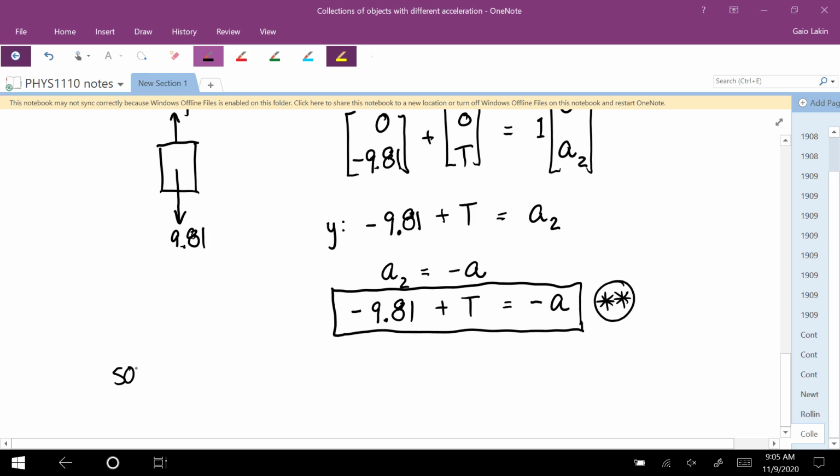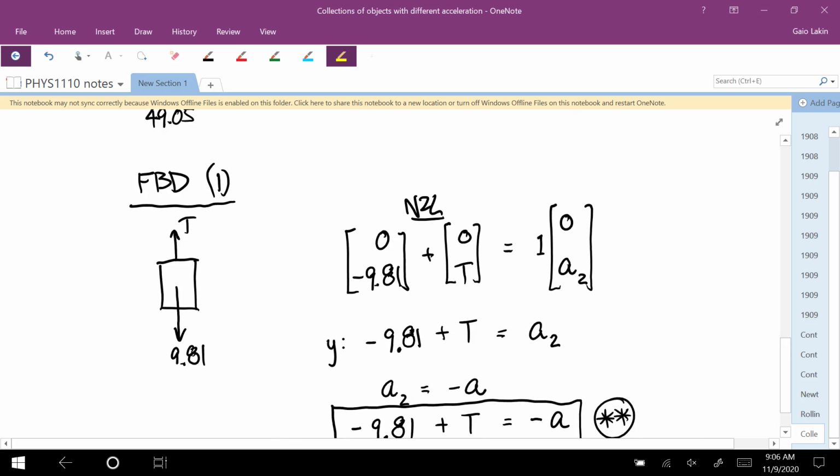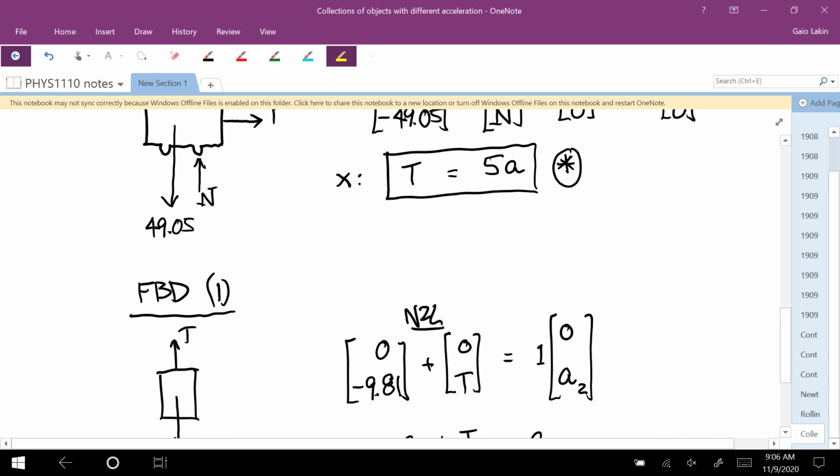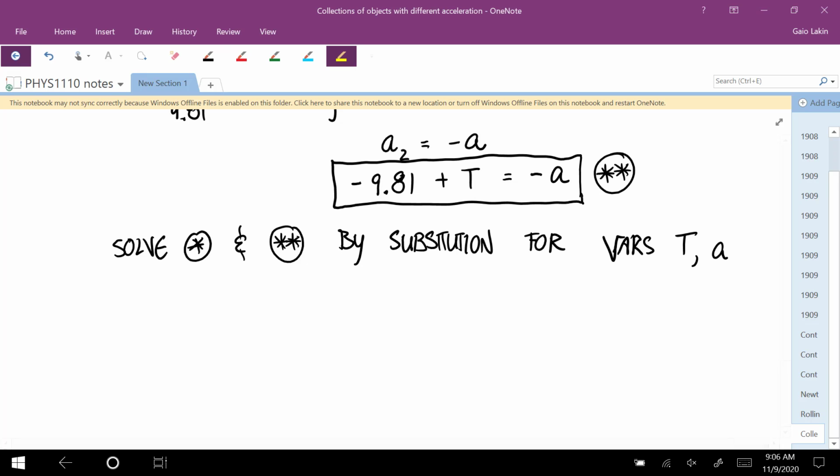So I'm going to solve equations star and 2 star by substitution for the variables T and A. From the equation star, we see that T is equal to 5A, so I'm going to substitute 5A in for T in the second one.